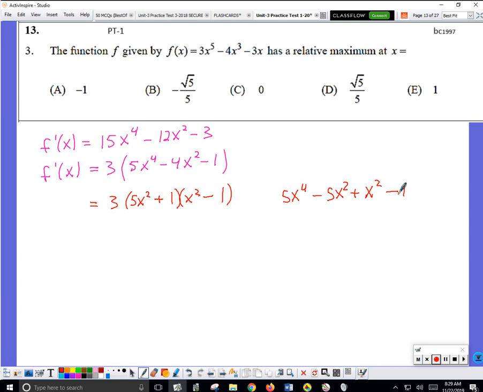So we have f prime. Now you need to make a sign chart of this. F prime is these 3 factors multiplied together. The factor of 3 is always positive, so that doesn't matter.